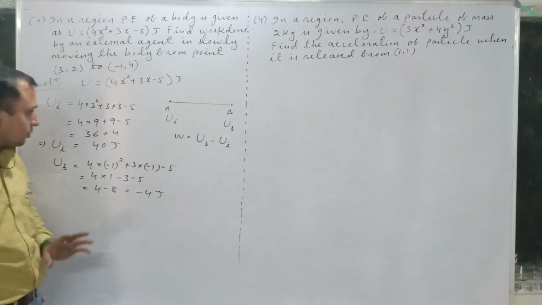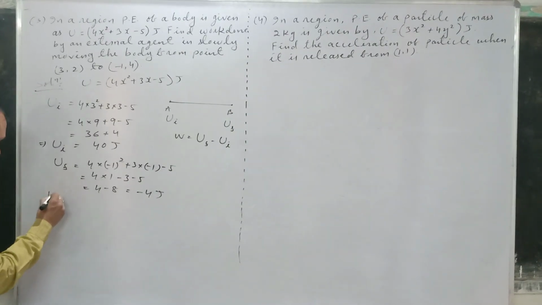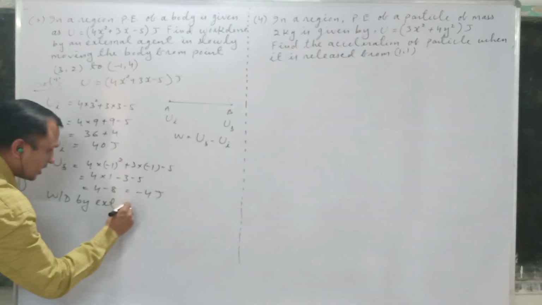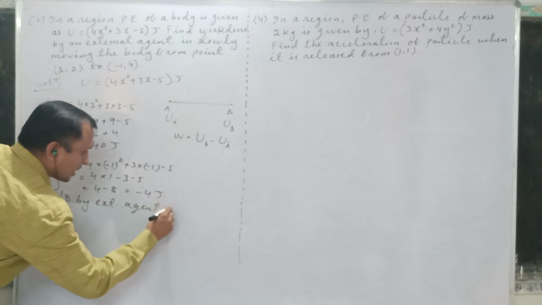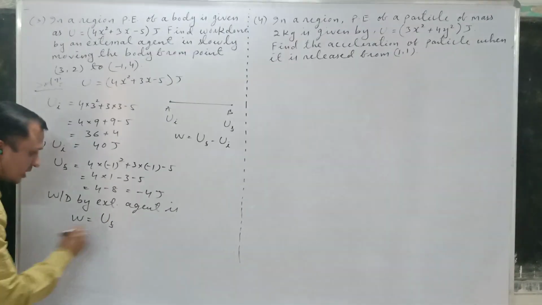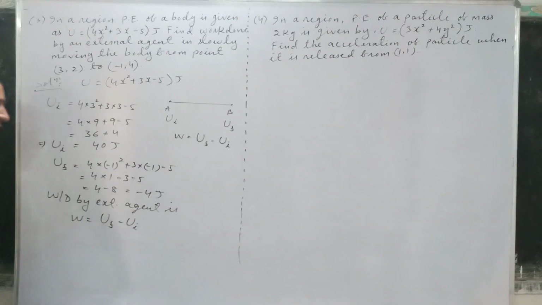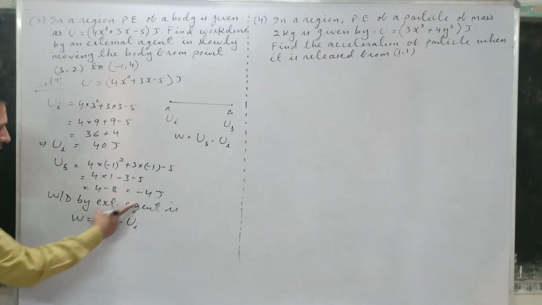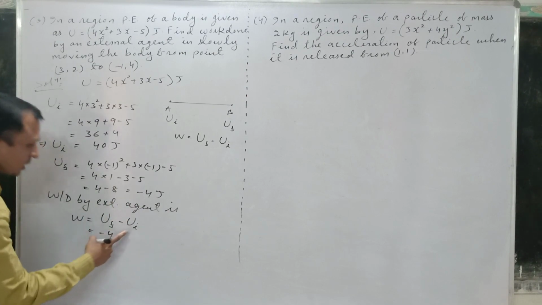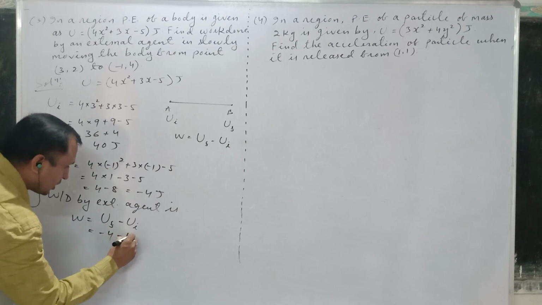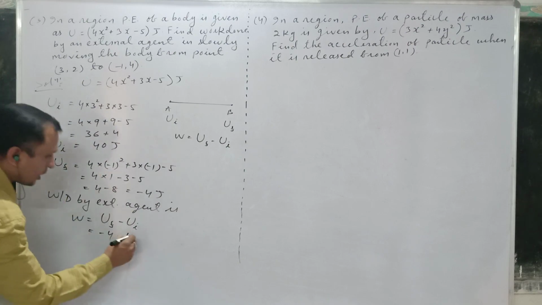So initial potential energy we got 40 joule and final potential energy we got minus 4 joule. But work done by the external agent, W, we know is the final potential energy minus the initial potential energy. So this can be written as final potential energy minus 4 minus initial potential energy 40.